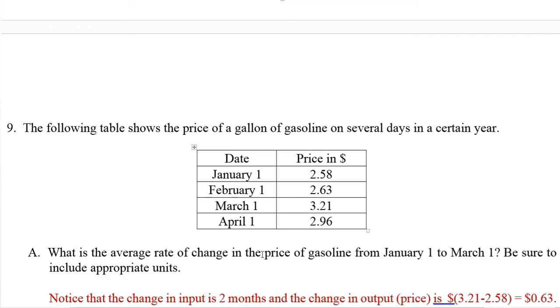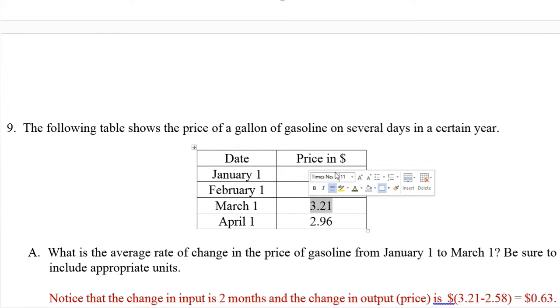Okay, so what's the average rate of change from January 1st to March 1st? Well, notice from January 1st to March 1st is 2 months. So if we measure in months for our time, then we could let this be 0, 1, 2, 3, and we see a distance of 2 months there for delta x.